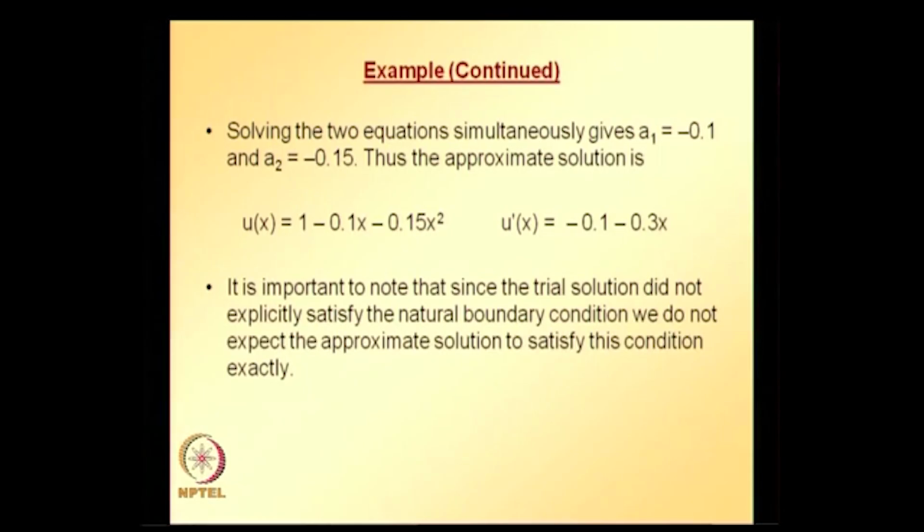And one more thing, why is the derivative quantity not matching well when we compared with the exact solution? It is important to note that since the trial solution did not explicitly satisfy the natural boundary condition, what we did is, we started with a quadratic trial solution and made that admissible by imposing the essential boundary condition, but we never imposed the natural boundary condition.